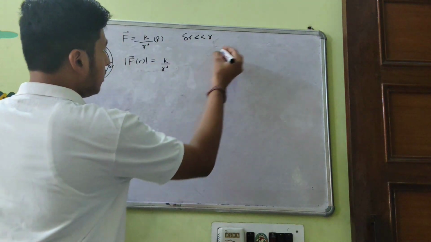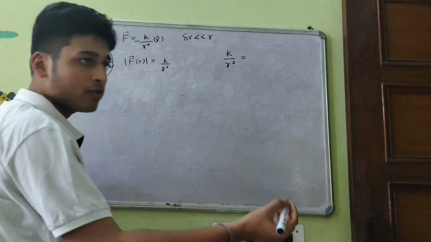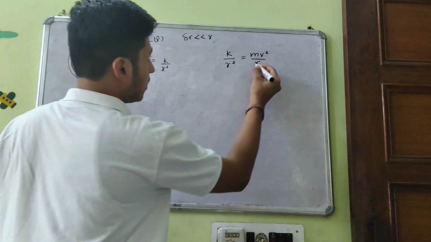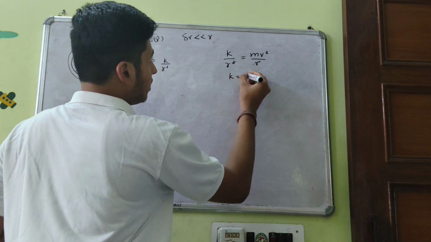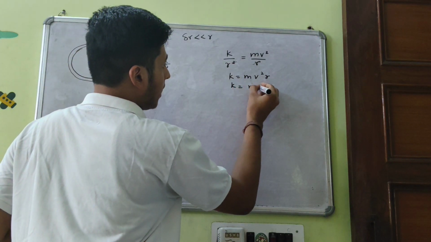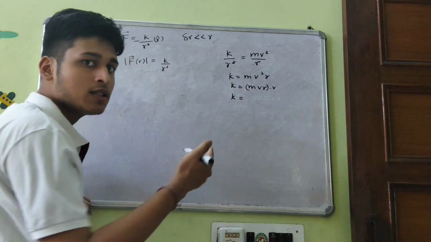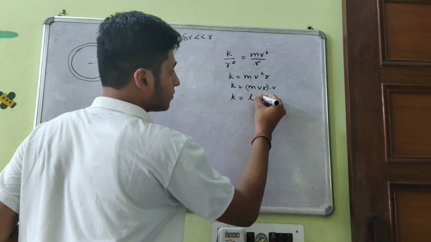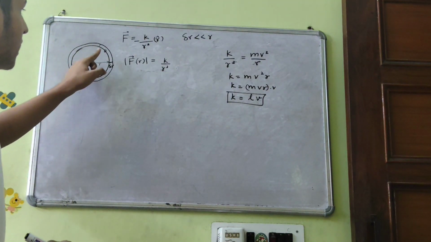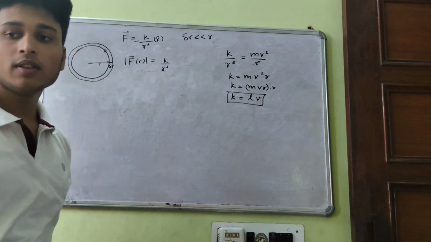So the inward force k by r square is equal to the outward centrifugal force mv square by r. So k equals mv square r, k equals mvr into v. mvr is the angular momentum, L. So k equals LV.